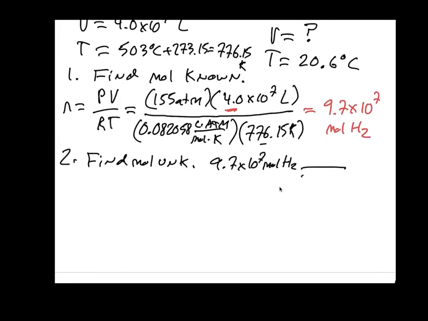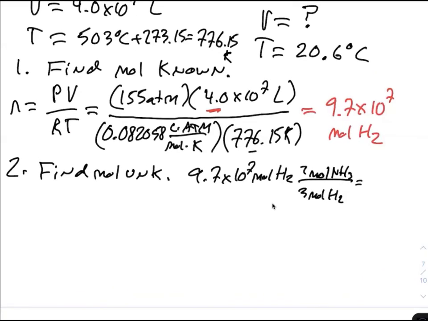So 3 moles of hydrogen on the bottom, 2 moles of ammonia, equals just a little bit less. And also 2 sig figs would be 6.5 times 10 to the 7 moles of NH3. I'm still leaving my calculator values unrounded.